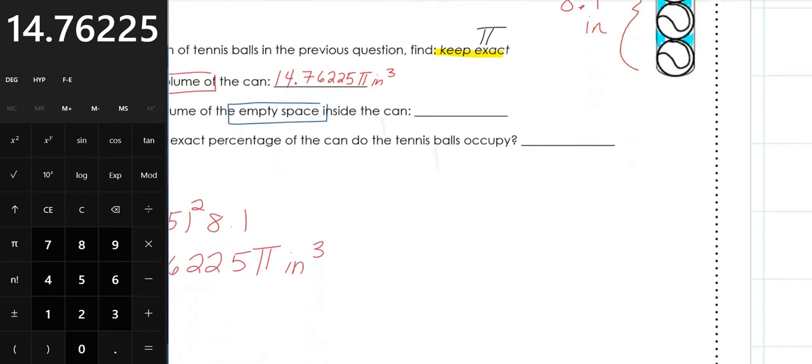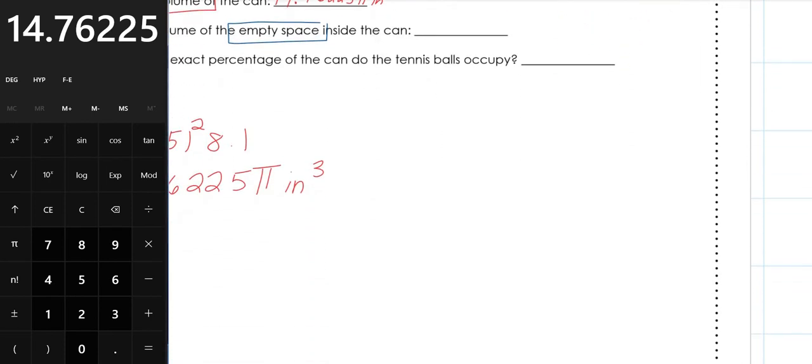Let me write it down. I'm going to find volume of the can, which I've already done, so that's good. I'm going to subtract the volume of the 3 balls. Okay. Now, volume of the can, let me go ahead and plug that in.